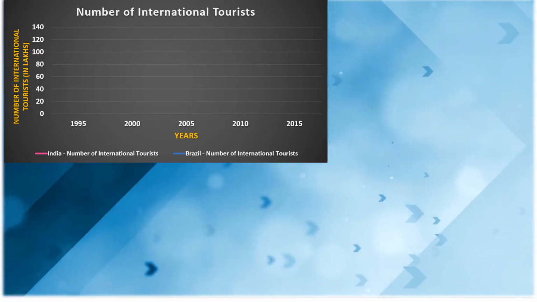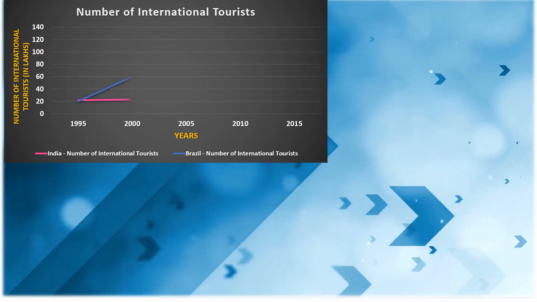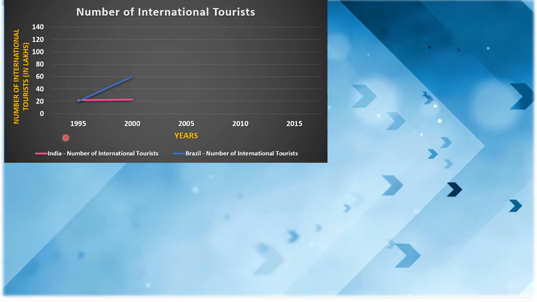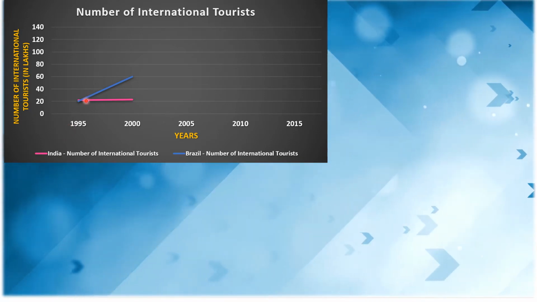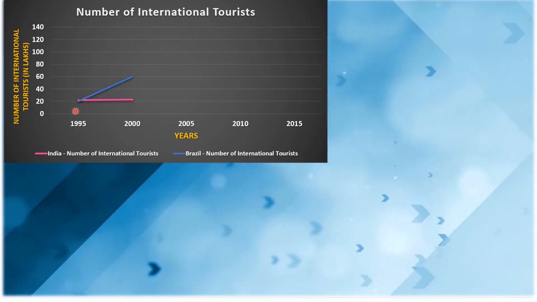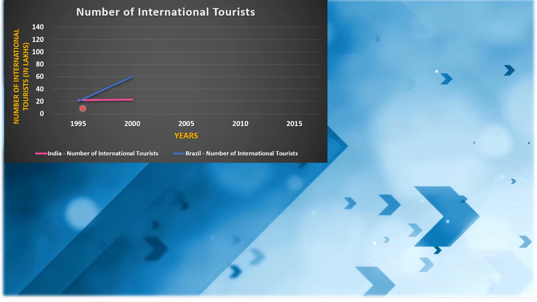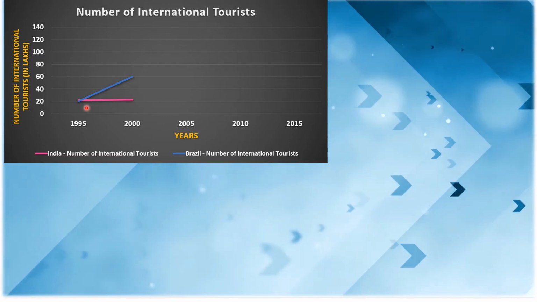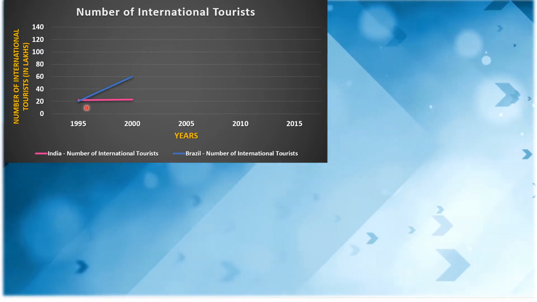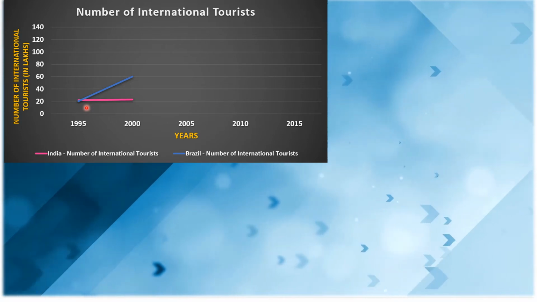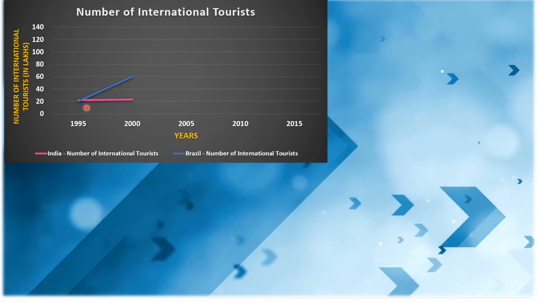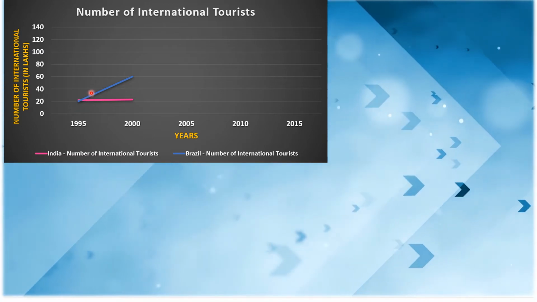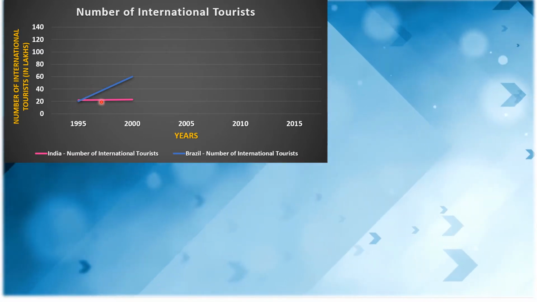So if we see here, in 1995, the blue line is starting below the pink line. So we can say that the number of international tourists in India were little more than that of Brazil, because the blue line is below the pink line.